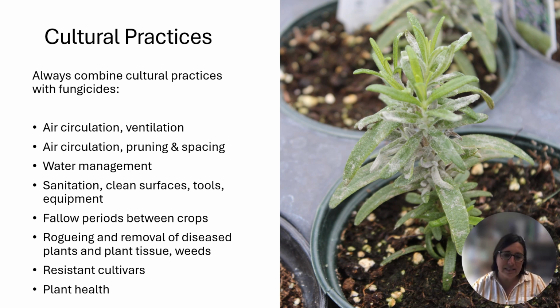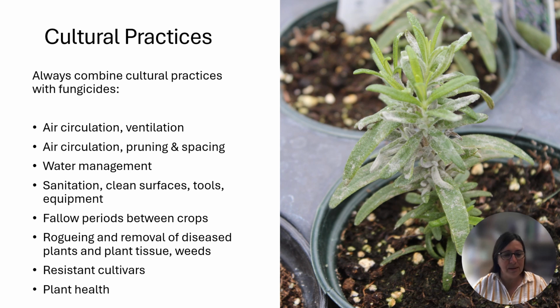I use the word sanitation a lot. So sanitation is just keeping things clean. So by sanitation, we can clean surfaces, our tools, our equipment as we come in and out of greenhouses or zones, or as we move from one block to another. And a block could be a cultivar or a plant age group or a shipment, for example. So always blocking.